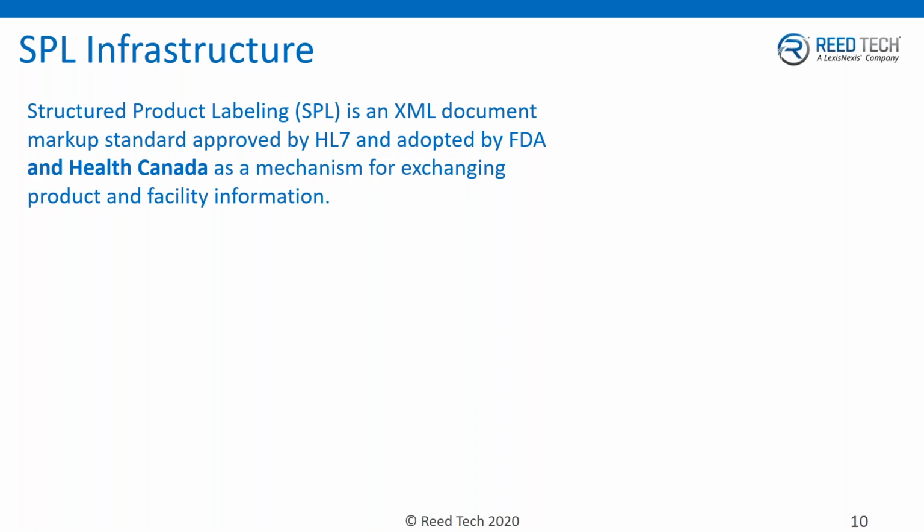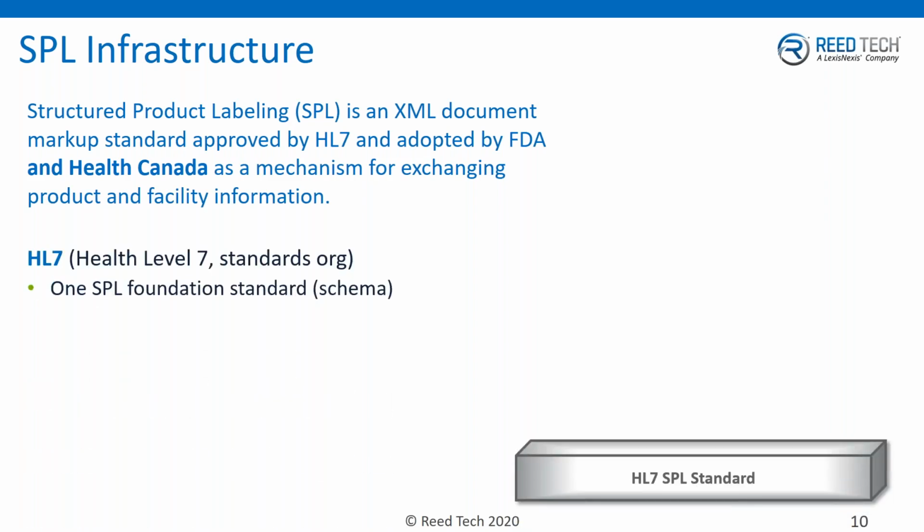And then more recently, more relevant to this particular discussion today, Health Canada also has made use of that standard. And what we'll see is that this foundation of the schema, this basic standard, can be used in many different ways.